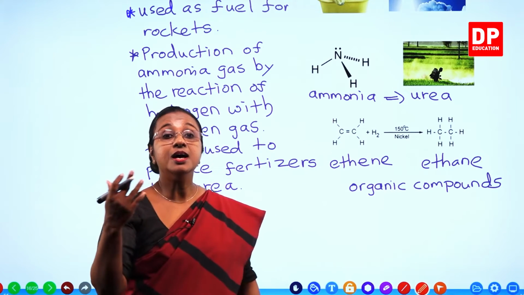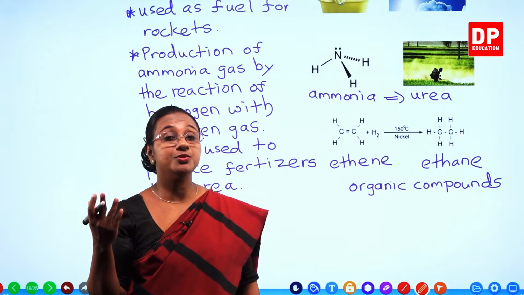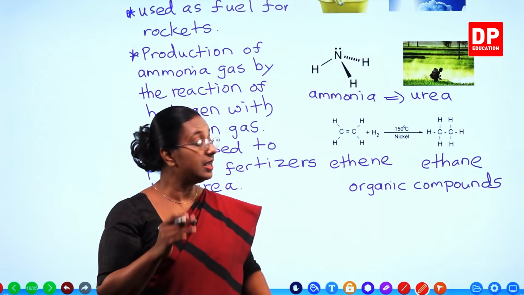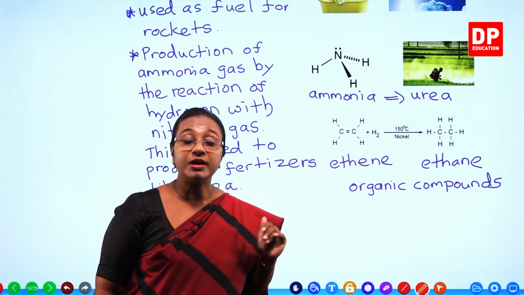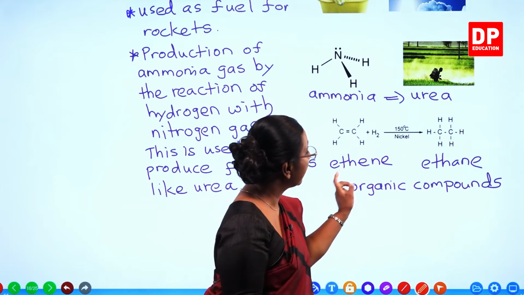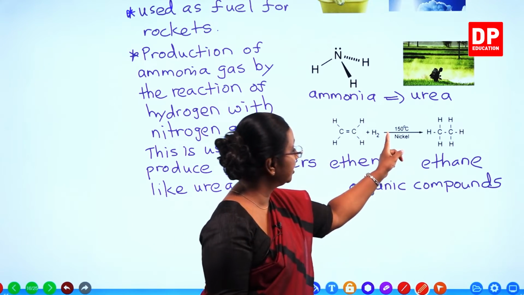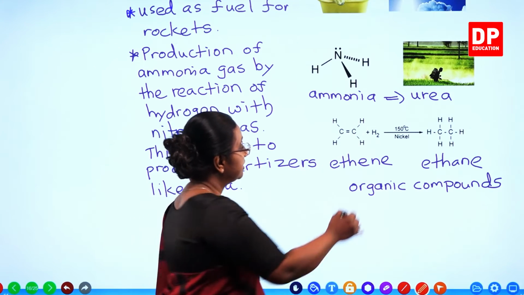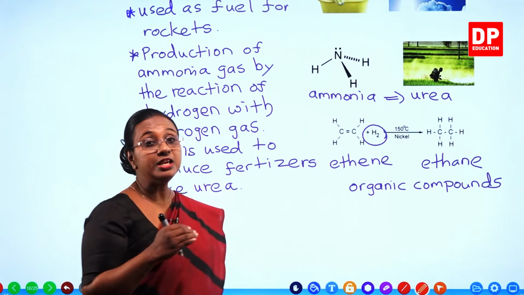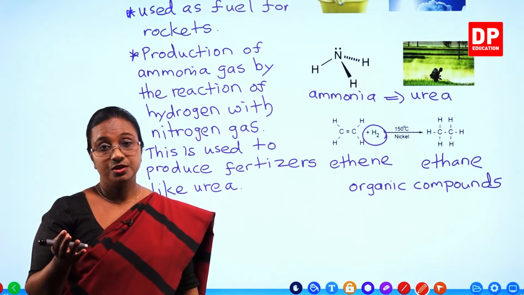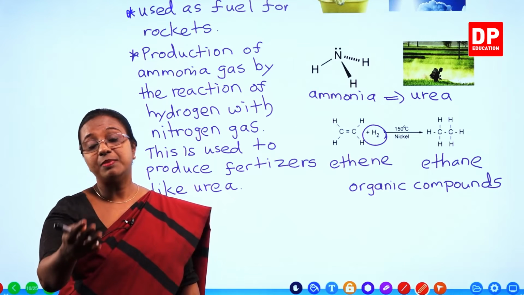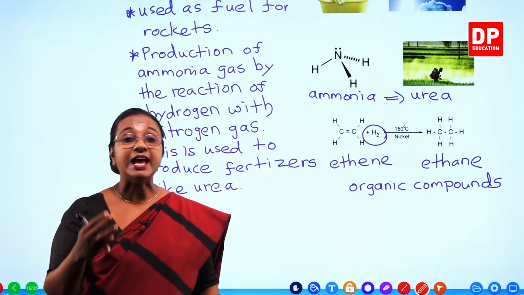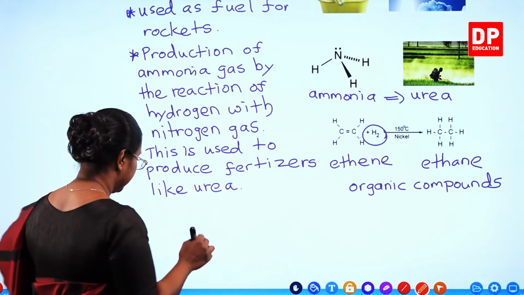The exceptions are carbon dioxide, carbon monoxide, those are the oxides, carbonates and bicarbonates. Although they contain carbon, they are not organic. They are inorganic compounds. So when you have organic compounds, this particular reaction is known as the reduction. So hydrogen is used to reduce organic compounds, or to convert one organic compound into another organic compound, we sometimes need to use hydrogen. So that is another use of hydrogen.